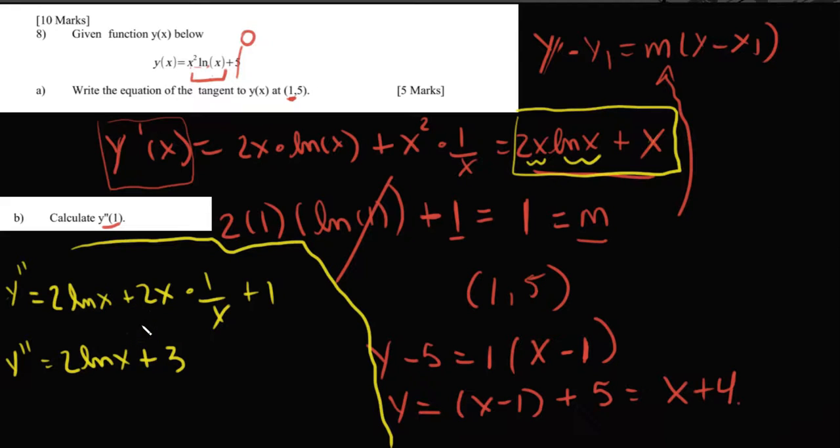And then it's asking us to evaluate at x equals 1 and y double prime of 1 is equal to 2 ln 1 plus 3. ln 1 is 0, so that whole term is 0. y double prime of 1 is 3. That's our answer.